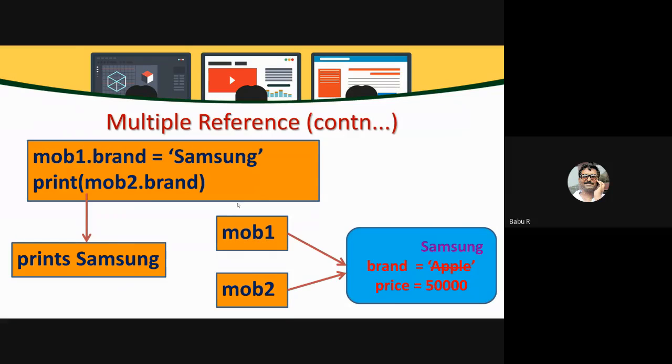As mobile one and mobile two reference variables are accessing the same object, if I make any change through any one reference variable, here through mobile one, changing the brand name as Samsung, then when I access using mobile two, the brand name will be Samsung only, because both reference variables are accessing the same object.